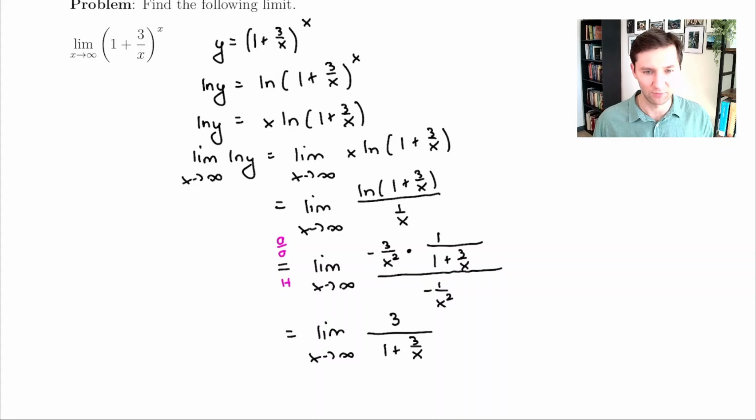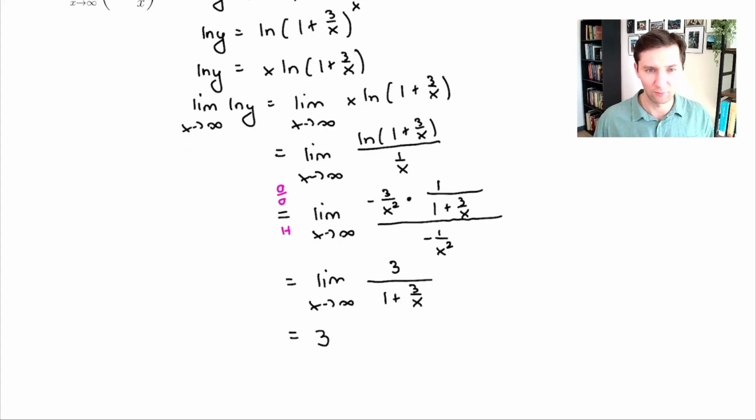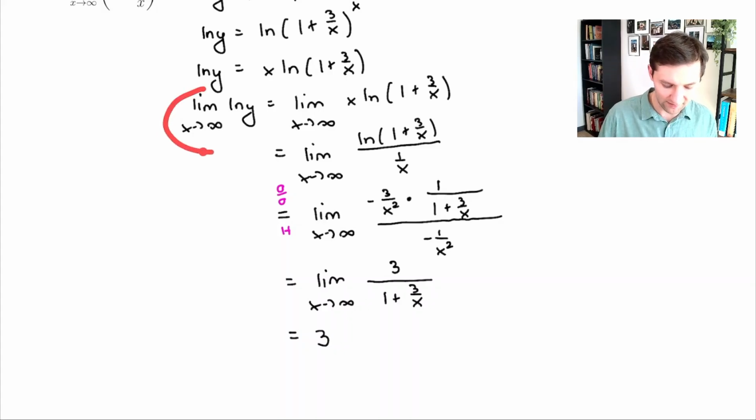What happens to this expression as x goes to infinity? As x goes to infinity, this gets closer and closer to 0. So this is 3 divided by 1, which is 3. So the right side was 3. What was the left side? By continuity of ln, I can move the limit inside of ln.